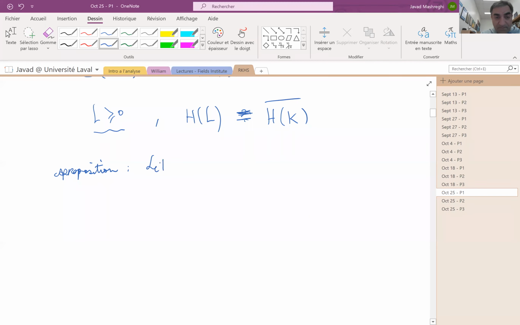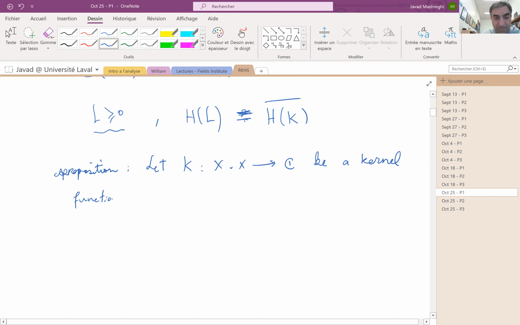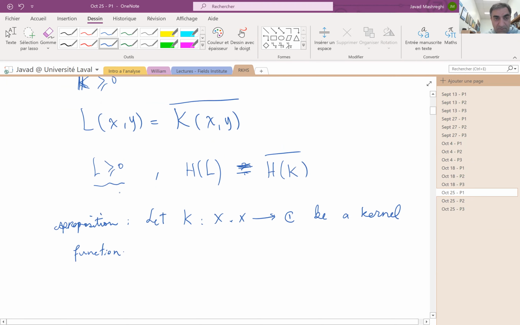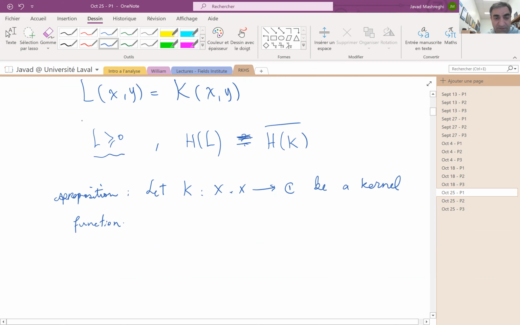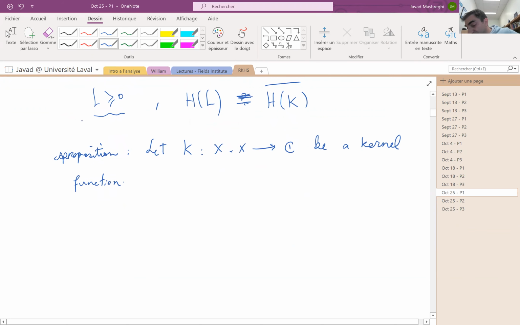Let k from X times X to C be a kernel function, which I briefly wrote as k bigger than or equal to 0. It is equivalent to say it's a kernel function.